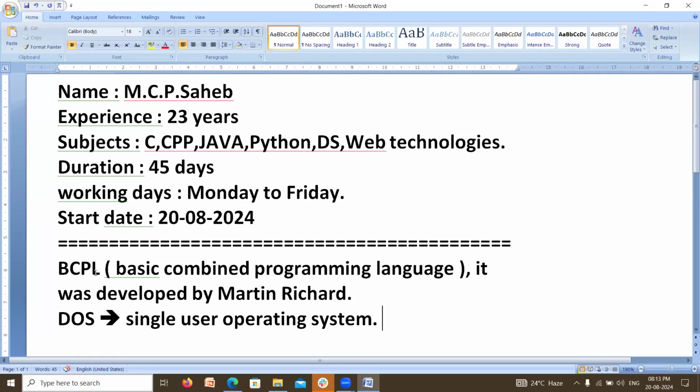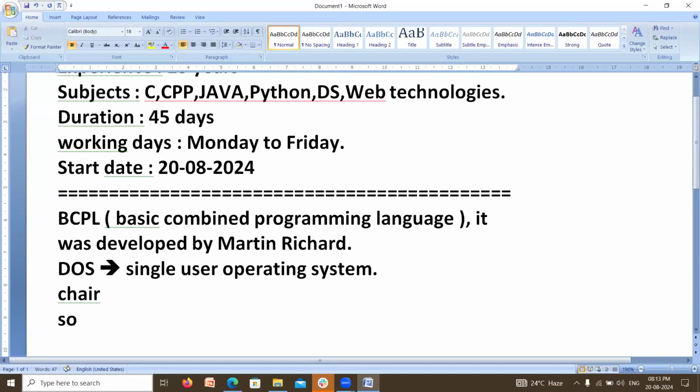But at that time, they were using one computer. In that computer, they had one operating system called DOS. It is a single user operating system. What is the meaning of single user operating system? To understand it better, I will give a small example. Chair and sofa. What is the difference between chair and sofa? In a chair, only one person can sit.